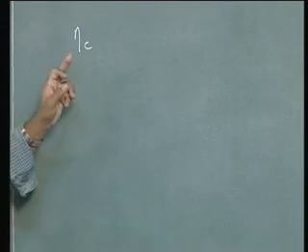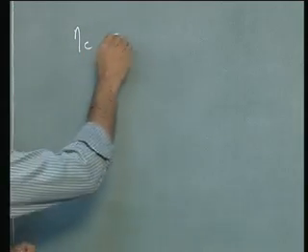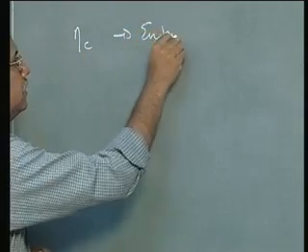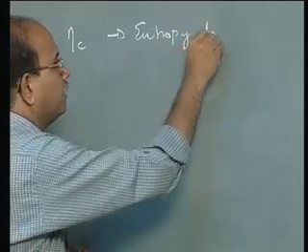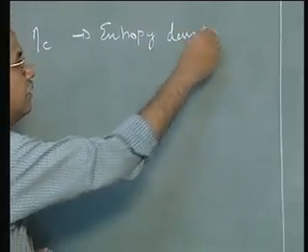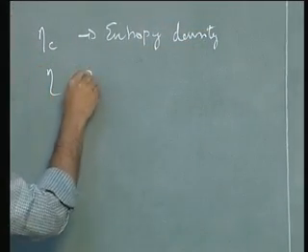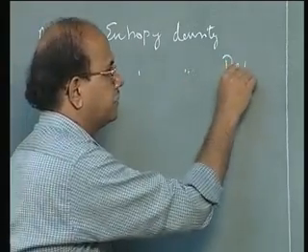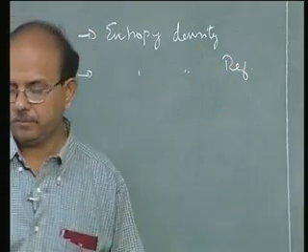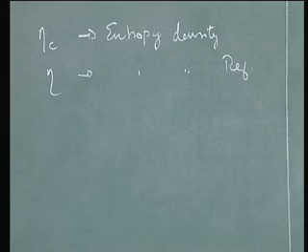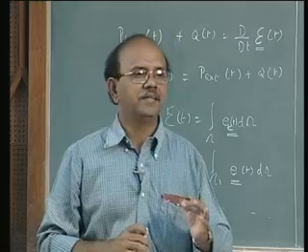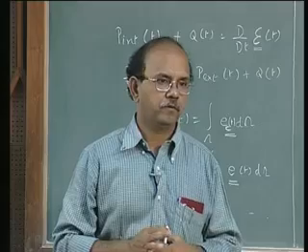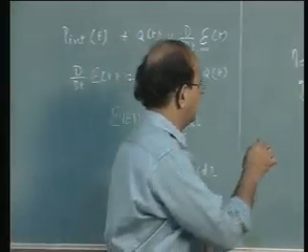So unit element volume, so that is called the entropy density, and let eta be the entropy density in the reference configuration. So now we can also talk about entropy input.